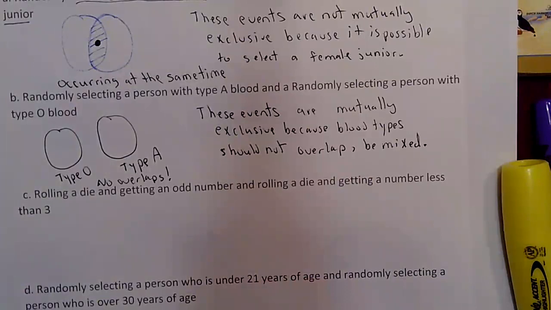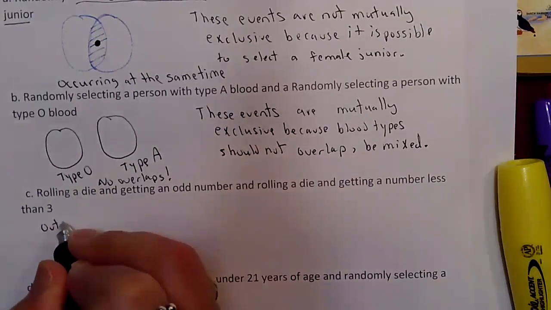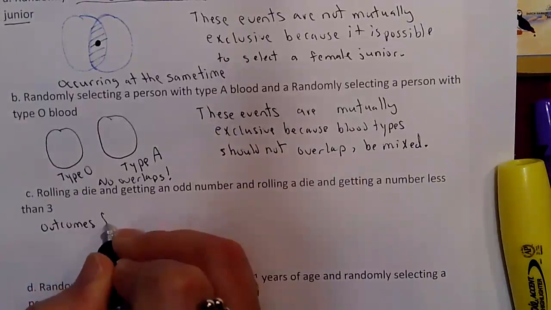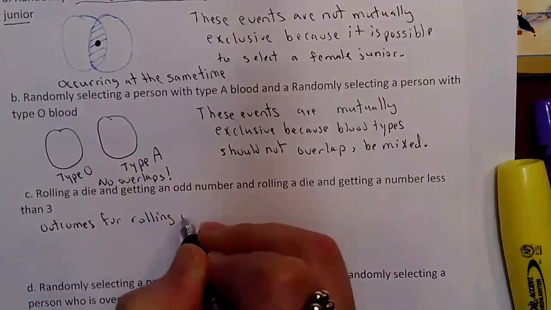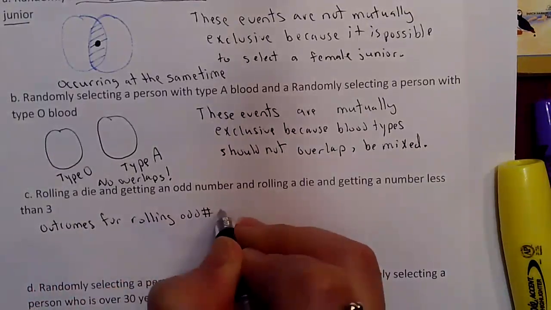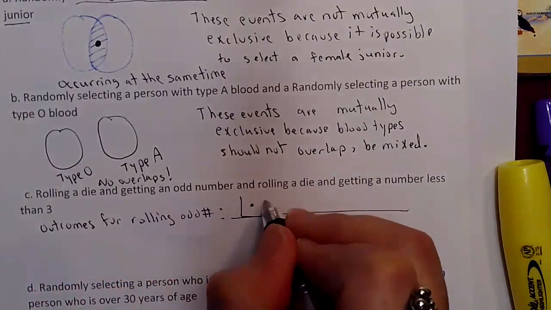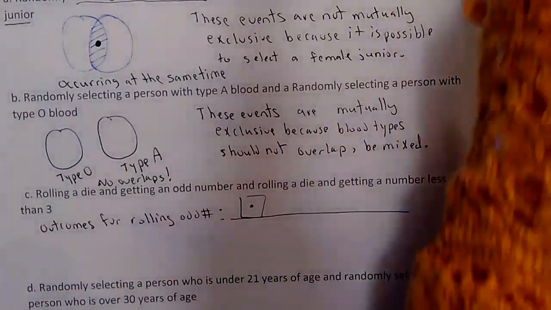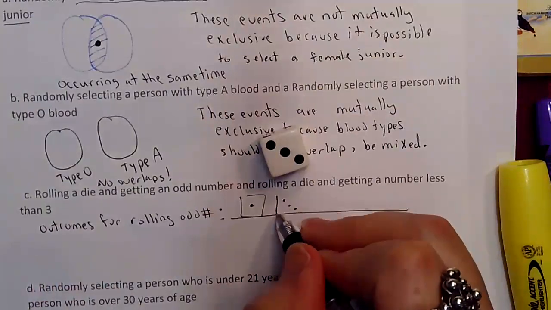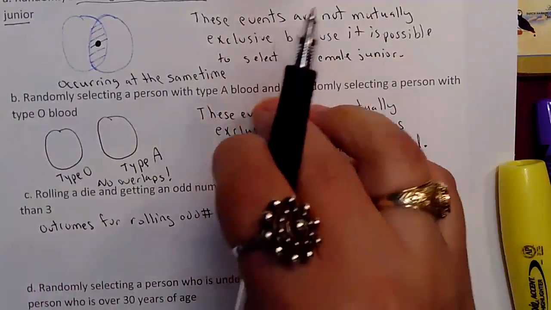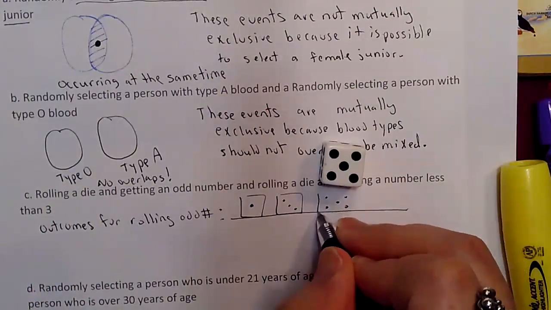Okay, so for this one, what I'm going to do is list some outcomes. Let me list first the outcomes for rolling an odd number. Okay, so we'd have a die with a side of 1, and then a 3, and then a 5.